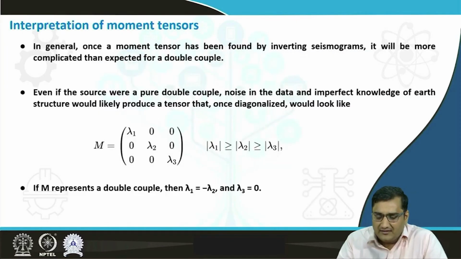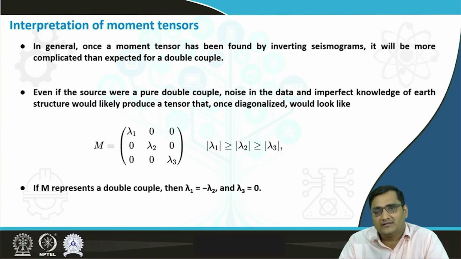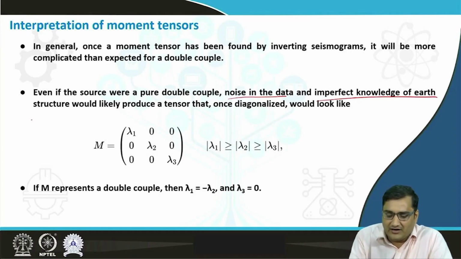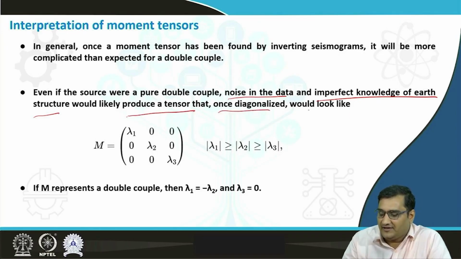In general, once a moment tensor has been found by inverting seismograms, it will be more complicated than a double couple. Even if the source were a pure double couple, the noise in the data and imperfect knowledge of the earth structure would likely produce a tensor that once diagonalized would look like this, where the modulus of lambda 1 is greater than lambda 2 is greater than lambda 3.